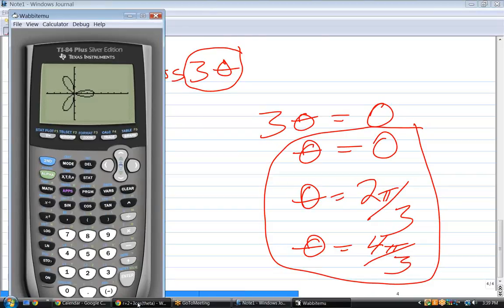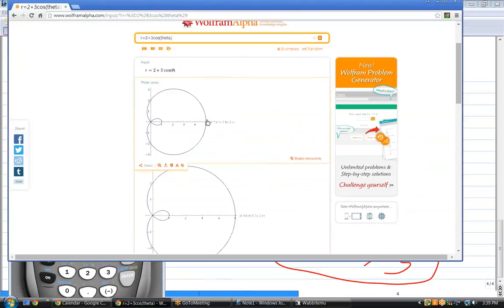And in fact, on one of your previous questions, the cardioid, there's only one spot where you have a maximum. That's when theta is equal to 0 or 2 pi. There's no point in here where cosine of theta is going to be 1 other than at 0 or 2 pi.